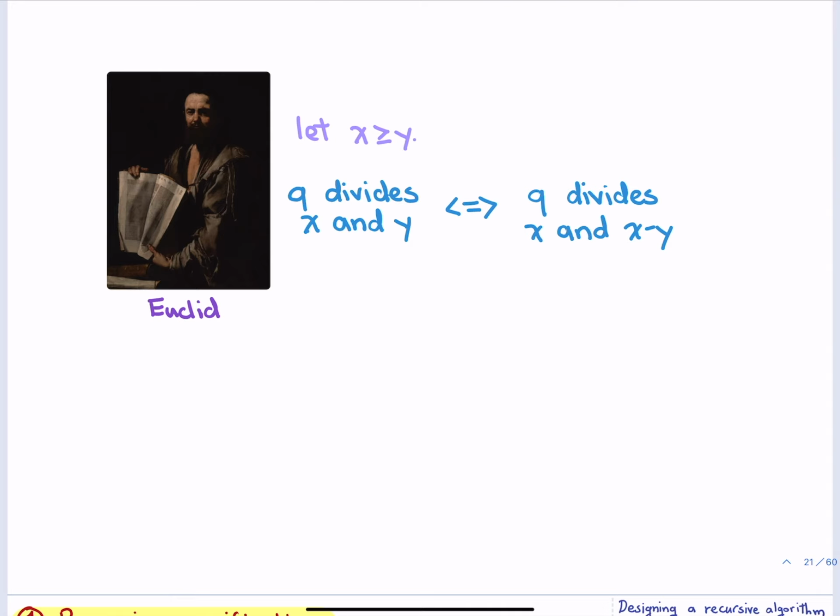If q divides x and x minus y, then since y is x minus (x minus y), q will also divide y. So the greatest common divisor of x and y will be the same as the greatest common divisor of x and x minus y. Simple enough. That's the only trick you need.